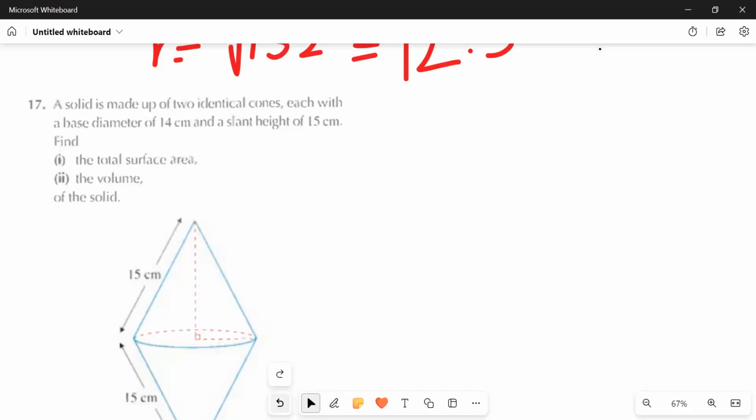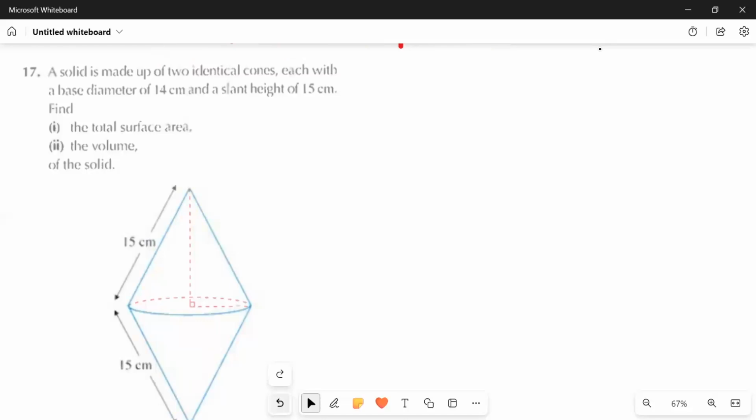A solid is made up of two identical cones, each with a base diameter of 14 centimeter and the slant height is 15. So the slant height is given, that is 15, and this is the diameter.